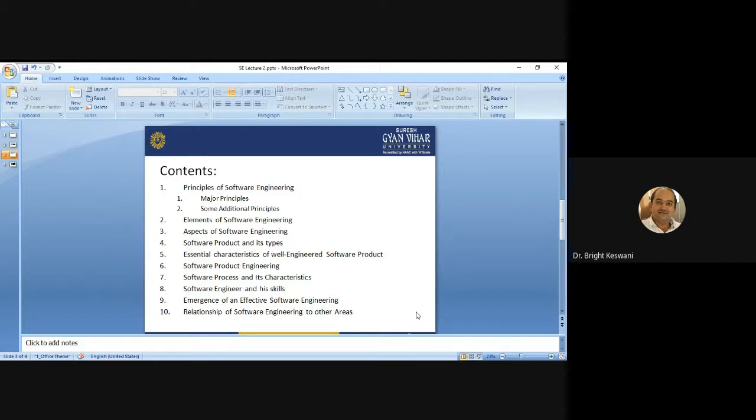There is no such thing as a process model that works for every project. Each project wants a different model. You cannot adopt one single model to develop multiple projects.